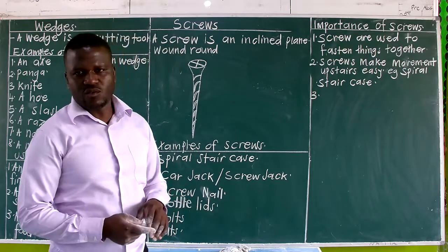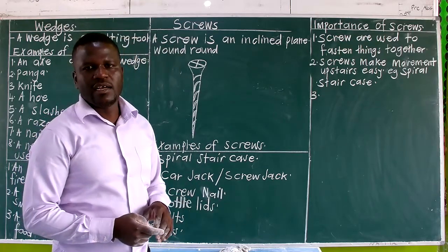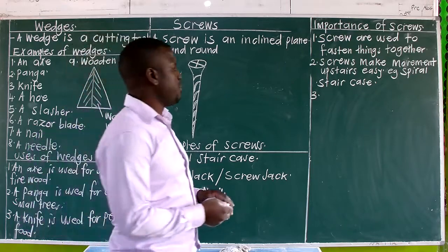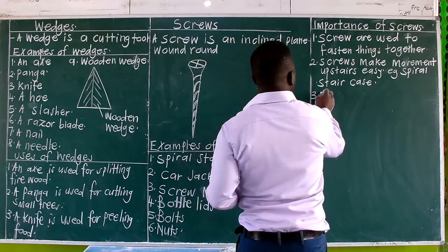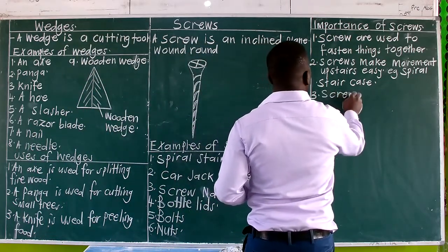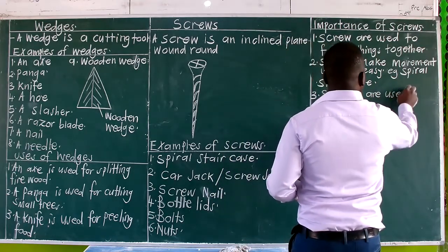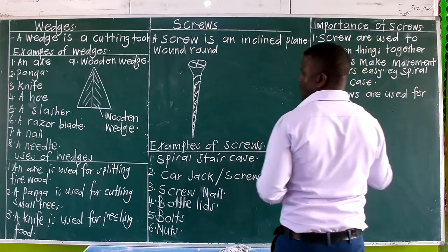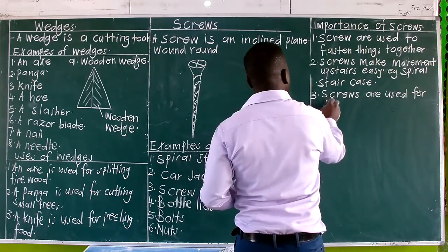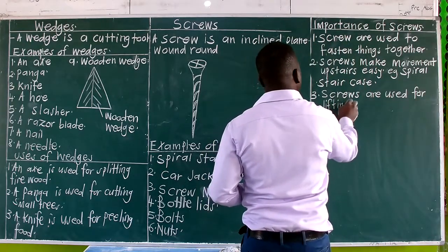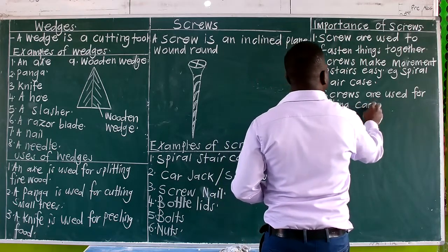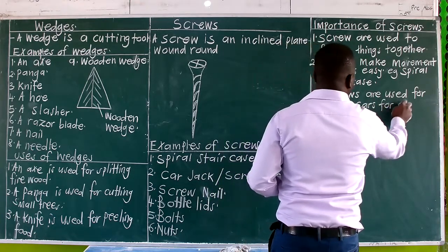So you can say screws like a car jack are used for lifting cars for repair.